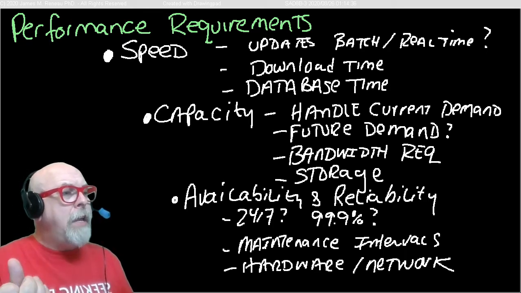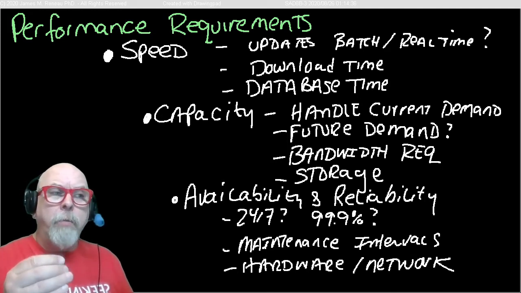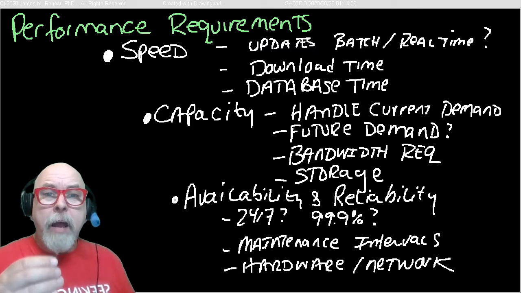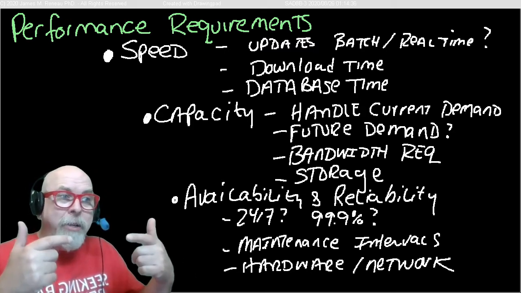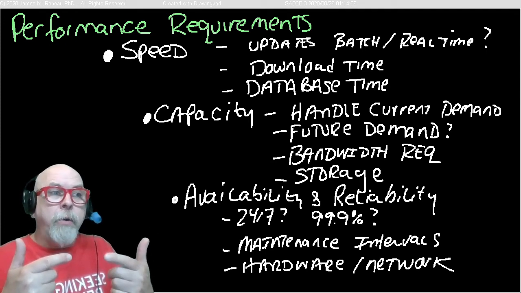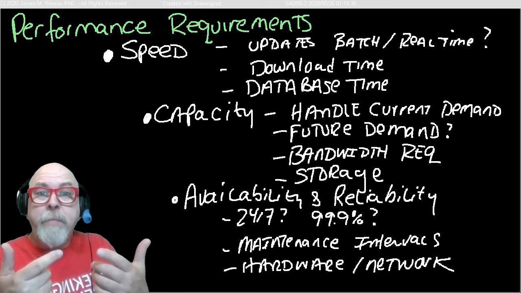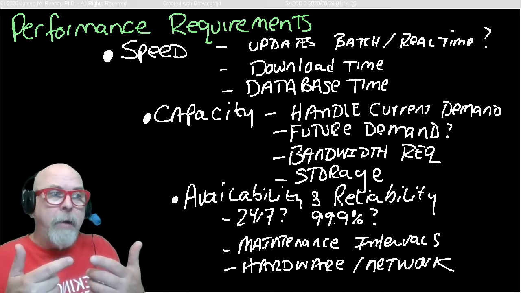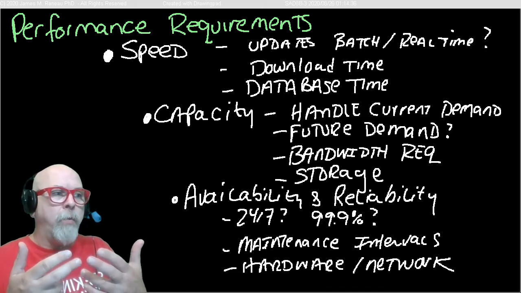And then we need to ask ourselves about the availability and reliability of our base hardware and our networks. Because if you've only got one network connection into your data center, then your reliability is going to be not so great some days, because maybe a backhoe cut that piece of fiber, or maybe you're having problems with a piece of network hardware.